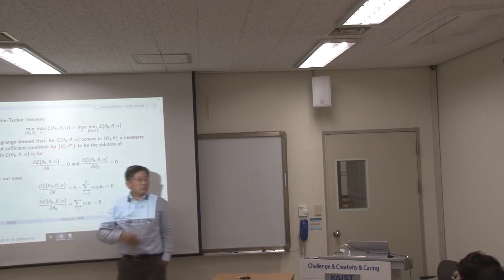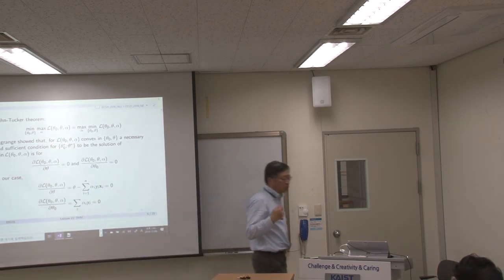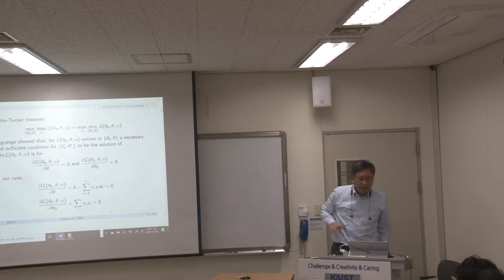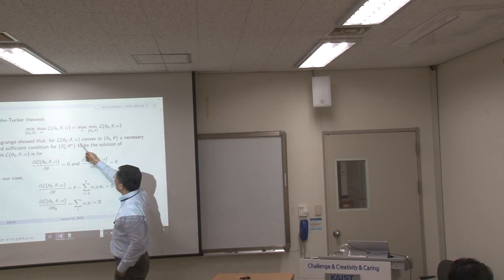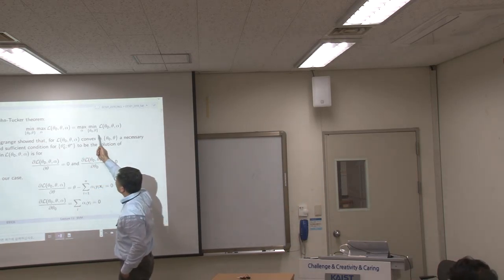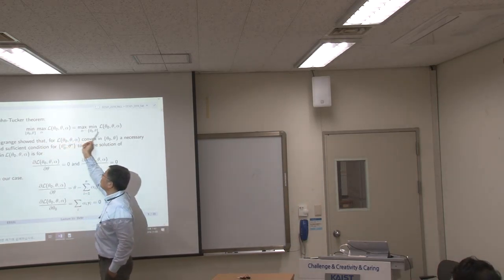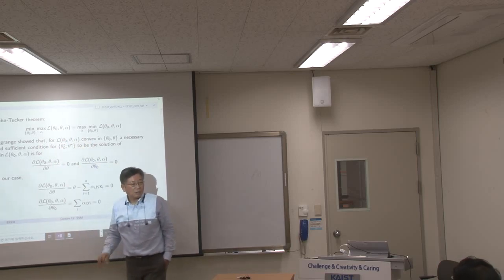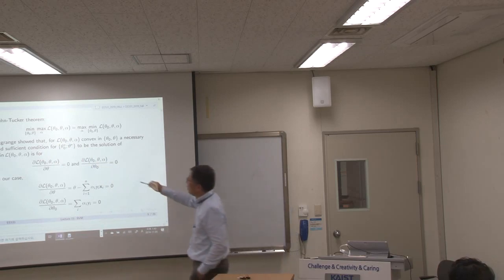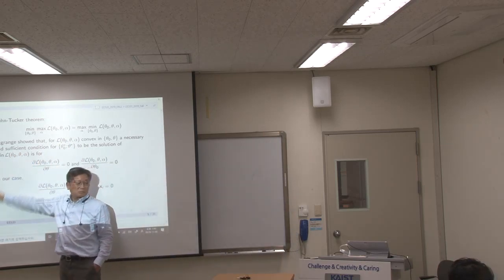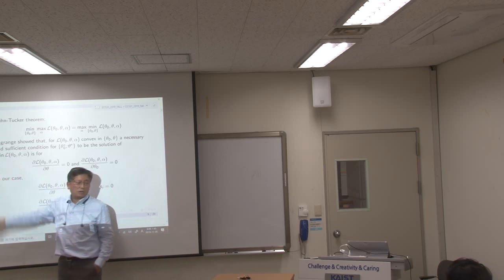It turns out if the Lagrangian is differentiable, it's a nice behaving function, okay, and it's convex, then I could switch these two around. Okay, it's a mathematical, okay, so it's right here. Lagrange, who is Lagrange?